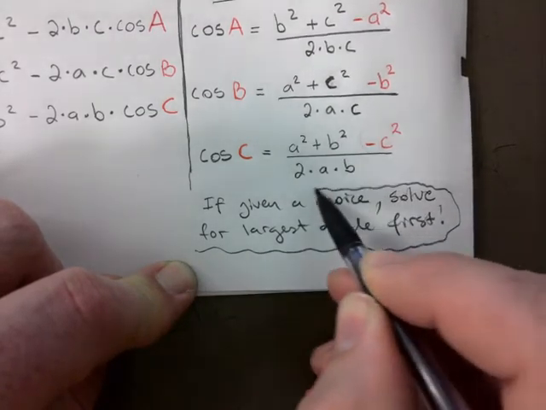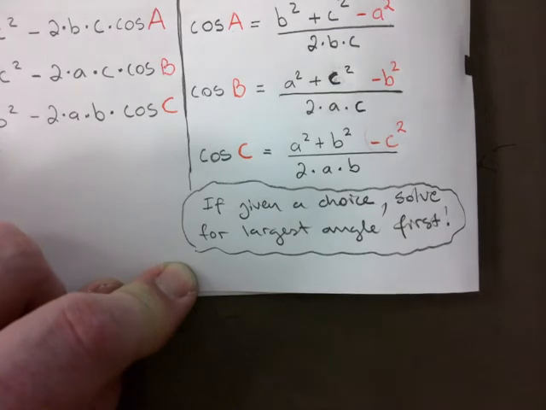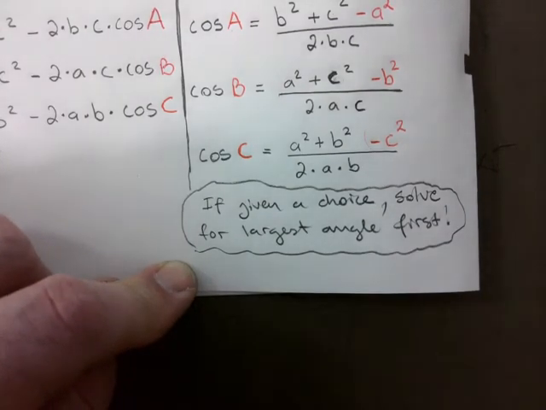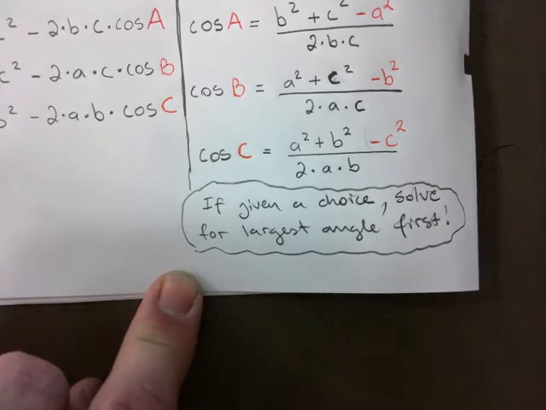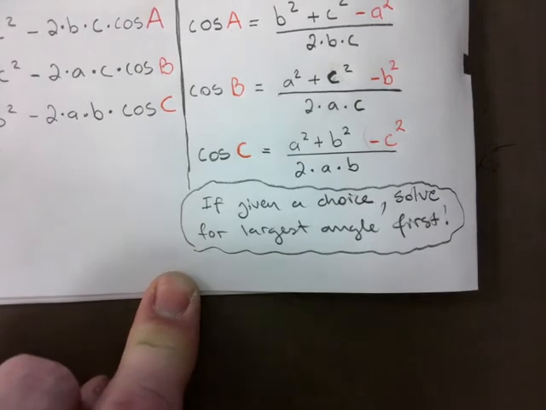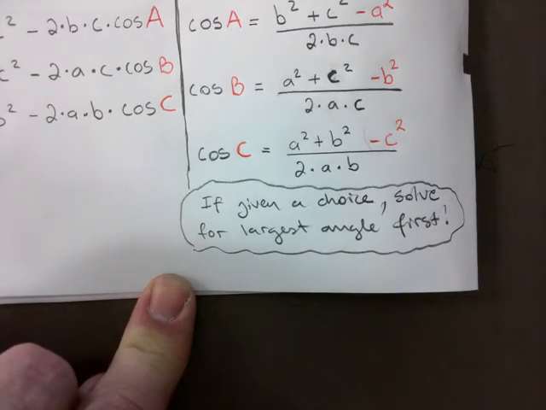And where's the largest angle going to be located? Across from the longest side. Because remember, you know all three sides, right? So just find the longest side and find the one across from that longest side.